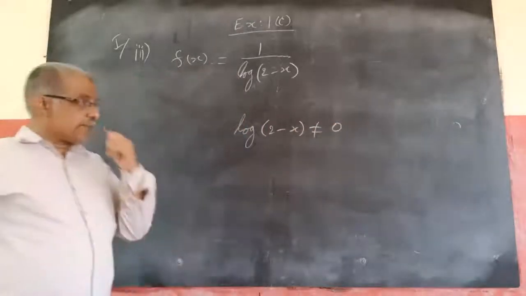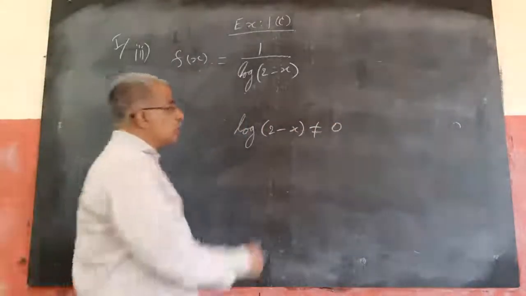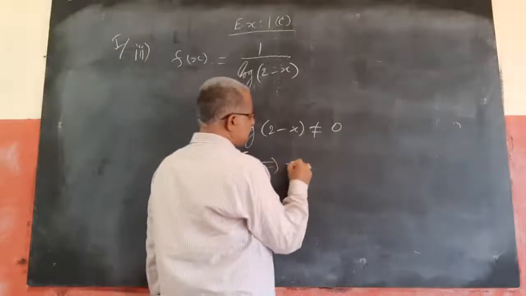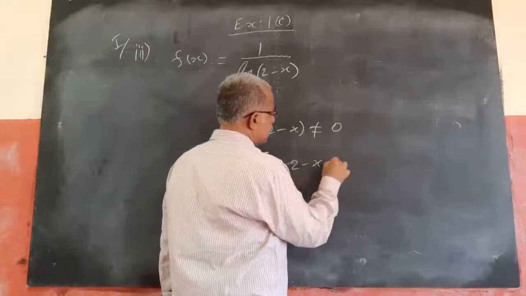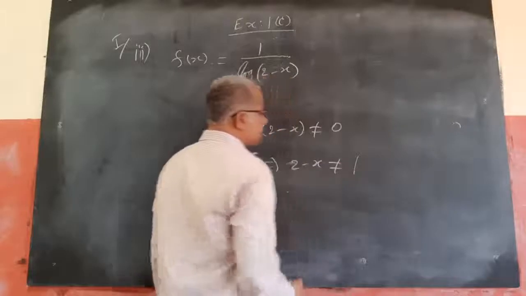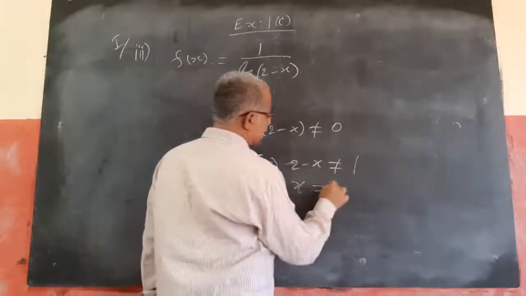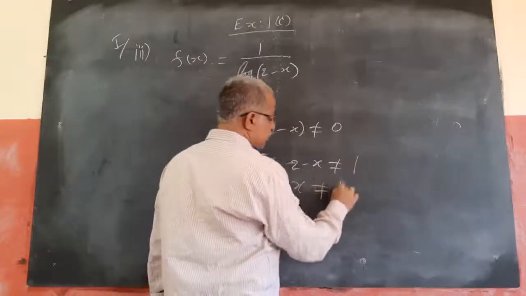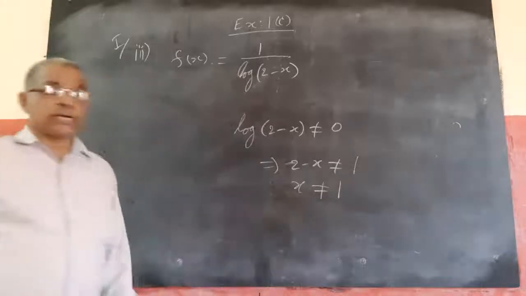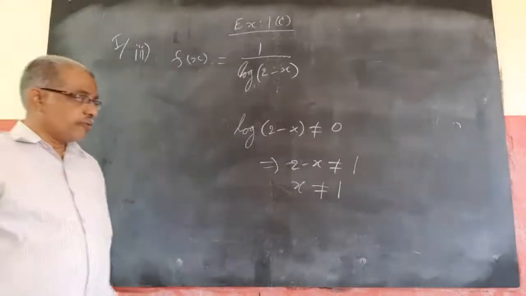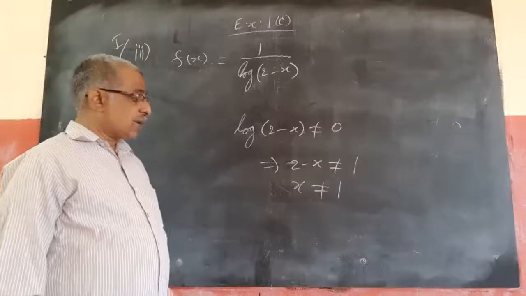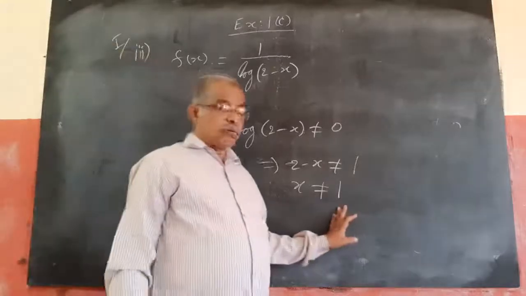So log of 2 minus x not equal to 0 is nothing but 2 minus x not equal to e power 0, which is 1. So x not equal to 2 minus 1, that is 1. So the function is defined for all real values x not equal to 1 in general.